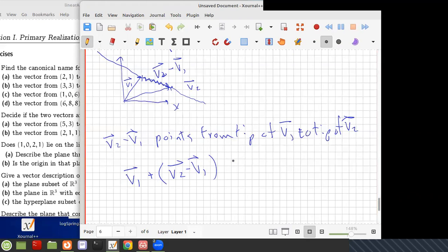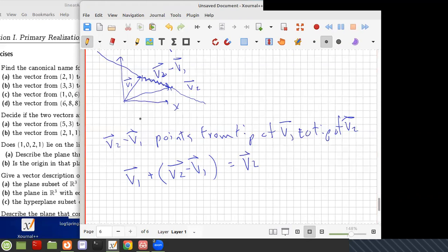Well, if these vectors have the right properties of associativity and commutativity, then I'm going to have V1 minus V1 plus V2, right? And they're going to cancel, this is going to equal V2.